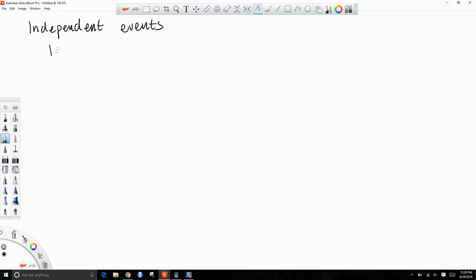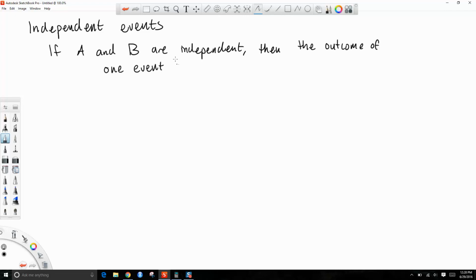If A and B are independent, then the outcome of one event has no influence on the outcome of the other event.